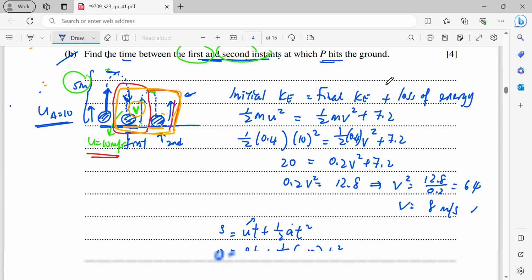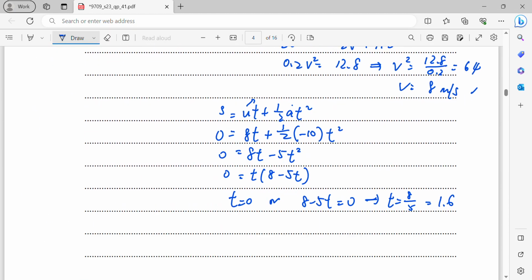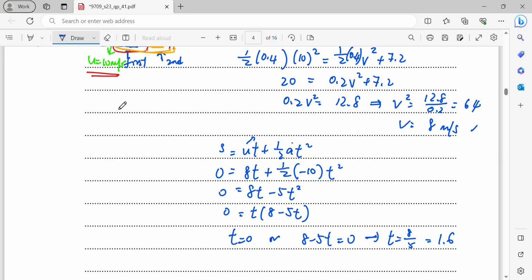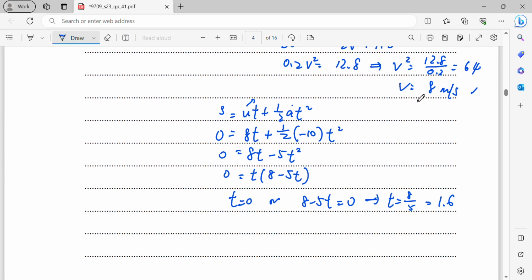Alright, and it's impossible to accept t equals 0 because that is the first and second instance. The t must be more than 0, so this is omitted. And then I will get my t is going to be 1.6 seconds. So this will be the solution.